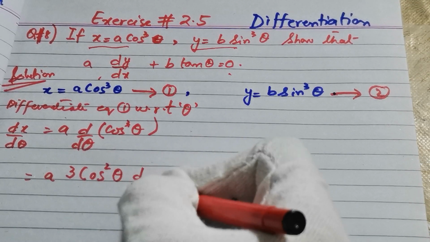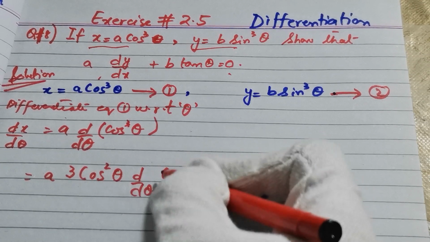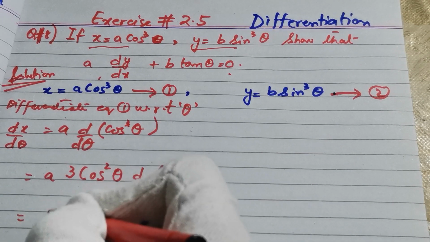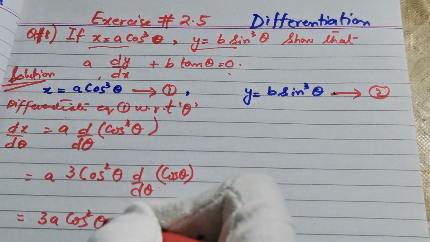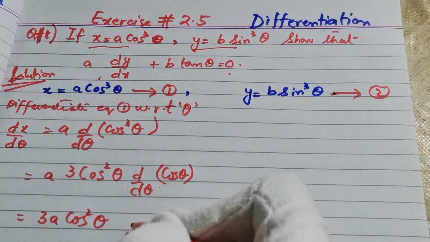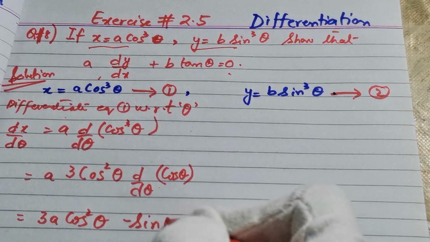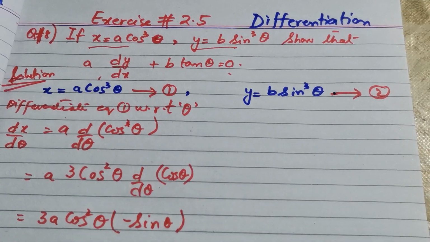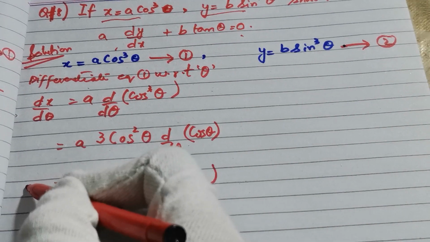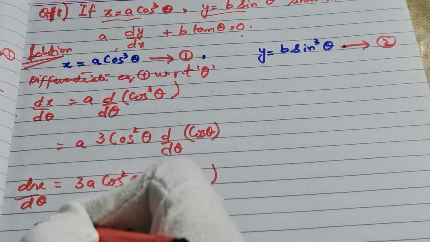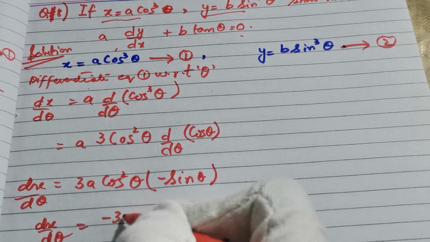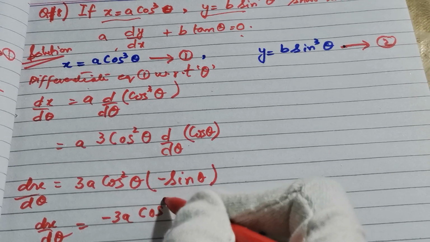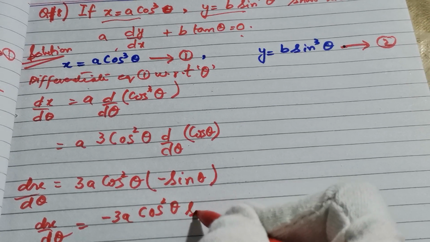Now again differentiate cos theta. 3 into a, 3a cos square theta, and the derivative of cos theta is minus sin theta. So dx by d theta is equal to minus 3a cos square theta sin theta.